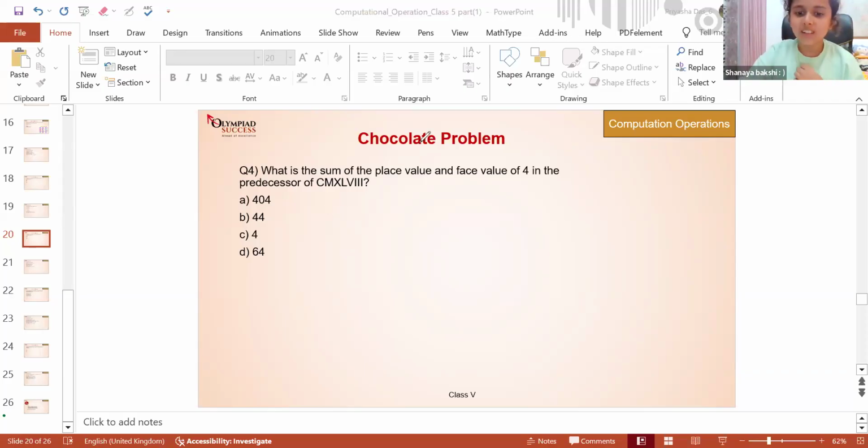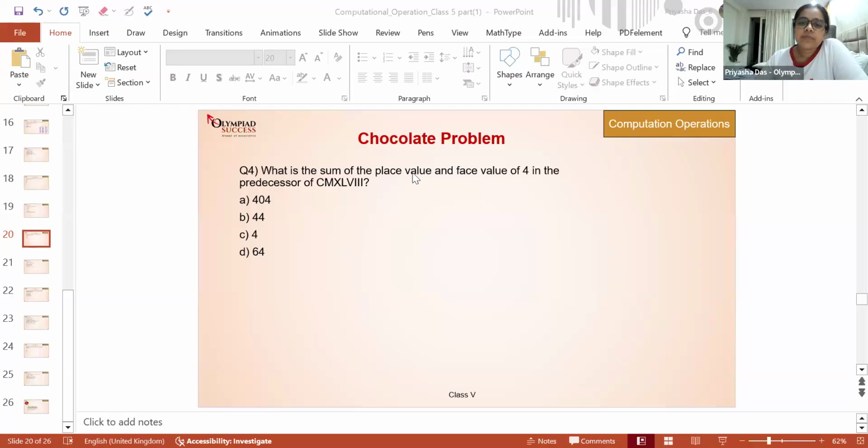No, should I try rejoining? No, no, wait, I will try resharing. Try this. Can you see it now? No, ma'am. This question you can't see? Okay, try rejoining, Shanaya. Others, first I'll do the question, then you will check your answers and then I will send you the link to join the game.